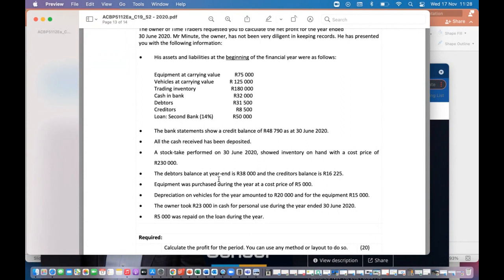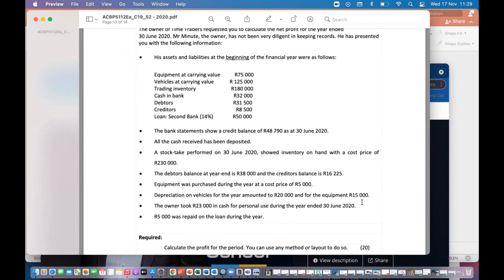The debtors' balance at year end is 38,000, and the creditors' balance is 16,225. Then equipment was purchased during the year at a cost of 5,000. So in other words, your equipment increased by 5,000. Depreciation on vehicles for the year amounted to 20,000, and for equipment 15,000.